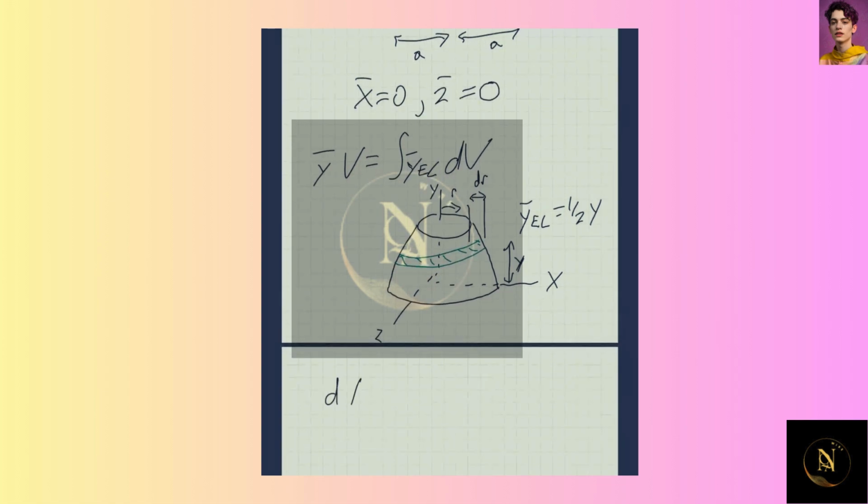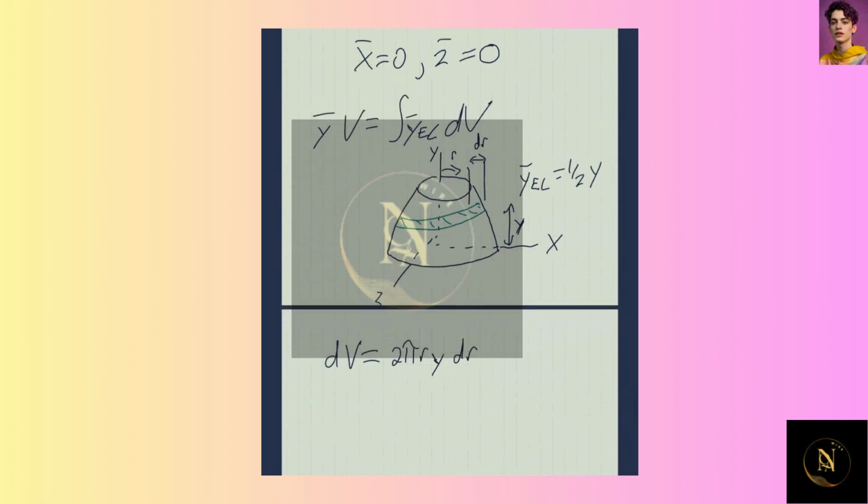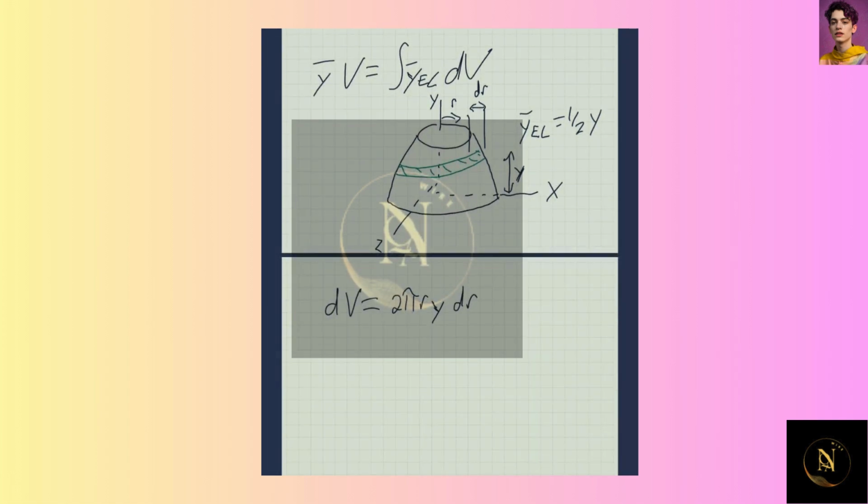And then our differential element centroid in the y direction will be equal to 1/2 of y. And the differential volume of this shell is going to be equal to 2 pi r, or the circumference, times y, its height, I suppose you could call it, on this volume, times dr. Now we don't know what y is, so we'll need to find that in terms of things we do know.